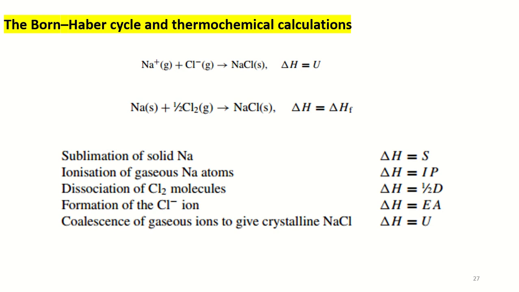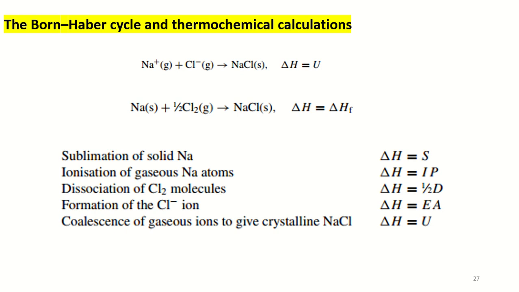We can see first the sublimation of solid sodium. Solid sodium is found in the form of solid, and that would be equal to delta H, the heat of sublimation, HS. Then ionization of the gaseous sodium atoms, this is the ionization energy.